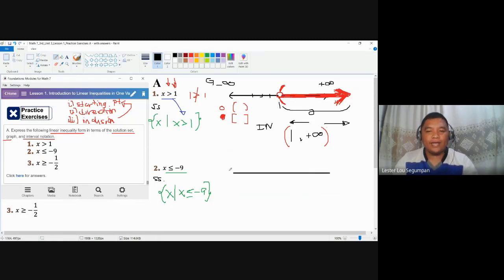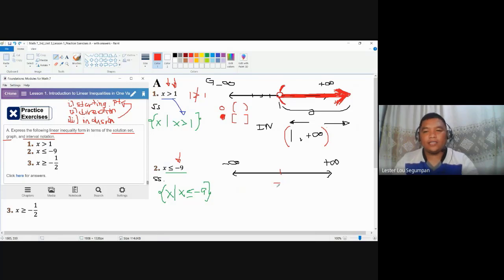For our graph, again, it extends to both infinities, the negative infinity and positive infinity. Now to graph, it's okay not to start with 1 or 0. Your starting point is already this value here, so place it in the middle. You have -9.